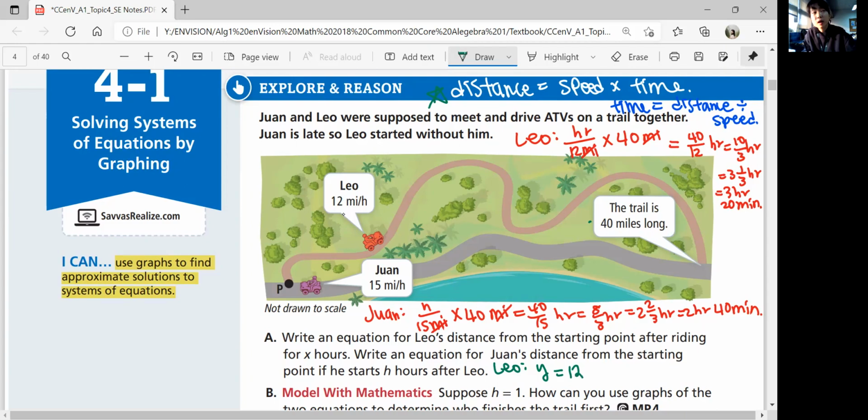So that's going to be our slope in the equation. Time is the x hours, because time is also going to change. So time and distance will change in this equation. So we have y and x. Speed stays the same. What about Juan? Write an equation for Juan's distance from the starting point if he starts h hours after Leo.